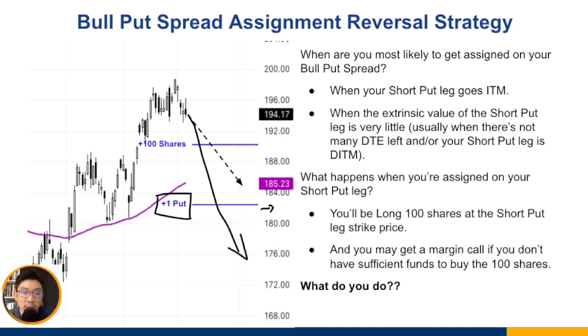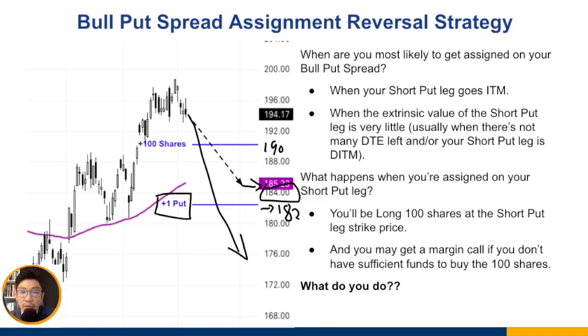So if the current market is somewhere above your long put strike, what you're essentially doing is that you have bought 100 shares roughly at this price, let's say 190, and then you want to sell it around here, let's say 182, when the current market is maybe around 184. If the market is 184 and you're telling the broker you want to sell at 182, you're taking an additional $2 loss for every share for no reason.